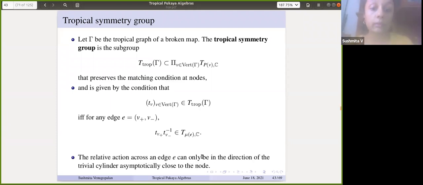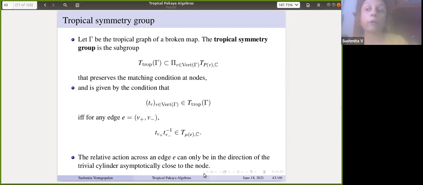Preserving the matching condition means that if you have a node on both sides, the torus can only move the components in the direction of the trivial cylinder asymptotically close to the node.